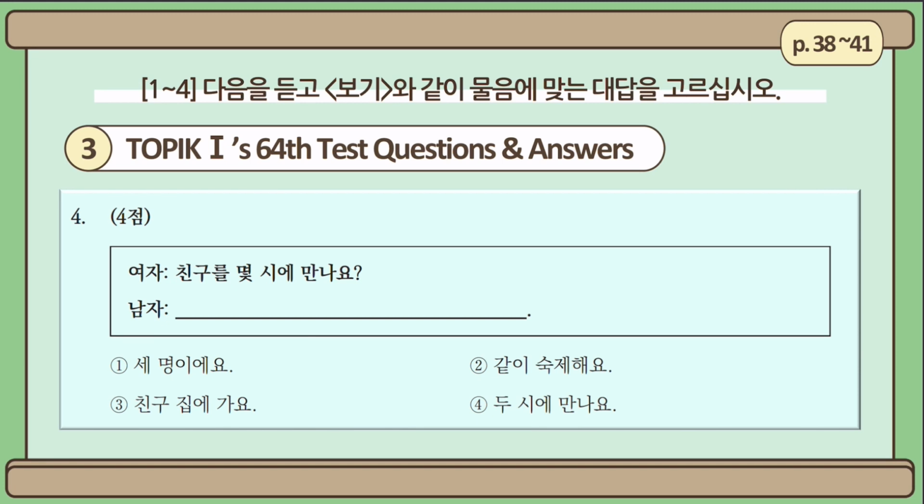Question number 4. 친구를 몇 시에 만나요? Which interrogative word is used here? Yes, 몇 시, what time? So the answer should be about when the listener meets his friend. Option number 1. 3명이에요.